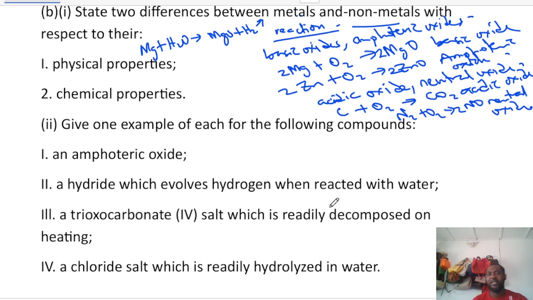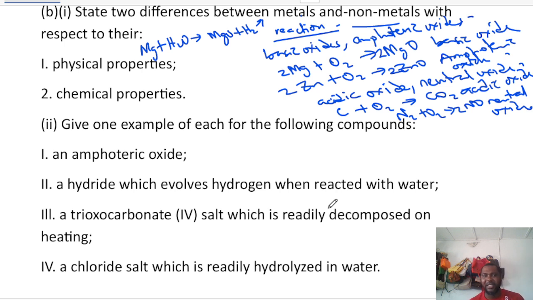All metals produce hydrogen on reaction with water. But that's not the same thing with non-metals. As a matter of fact, not many of them react with water. They don't really have any special reaction with water.